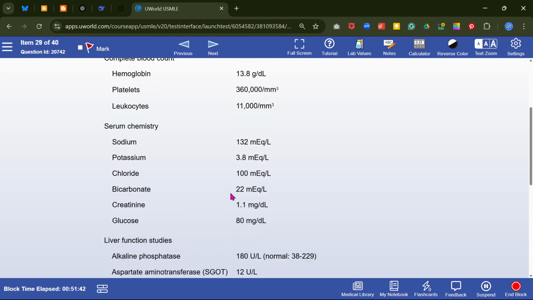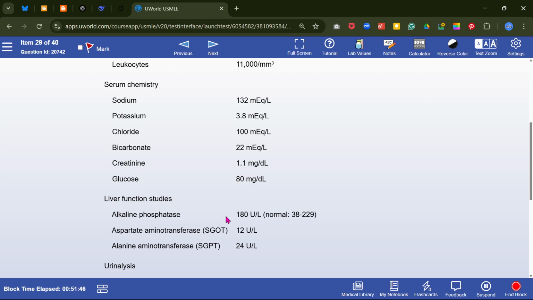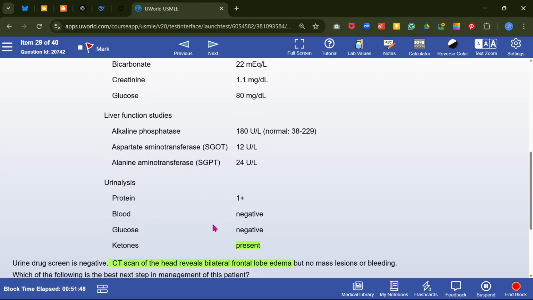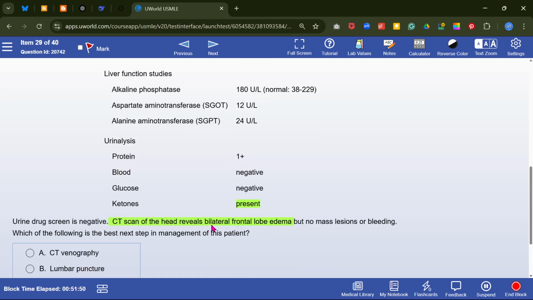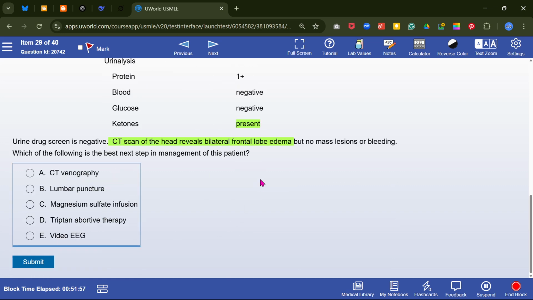There is ketone present. Why ketone? Oh, blood. Okay, glucose is negative, urine drug. CT scan of the head shows bilateral frontal edema.